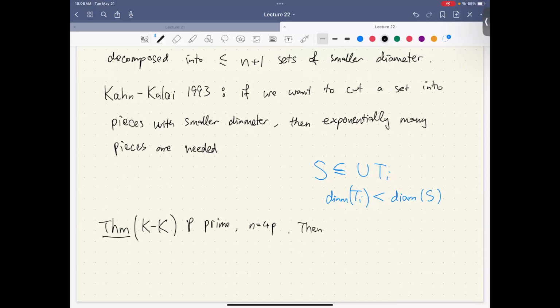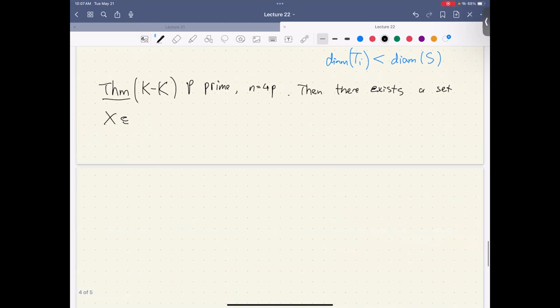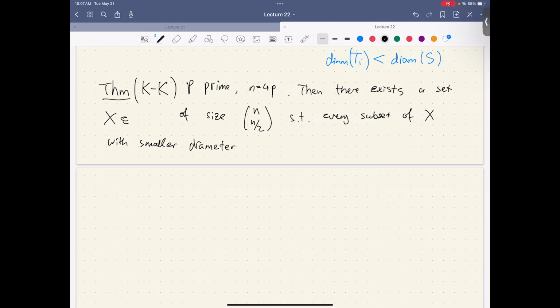Then there exists a set X in some space, of size n choose n over 2, such that every subset of X with smaller diameter has size at most the sum of the first p binomial coefficients.